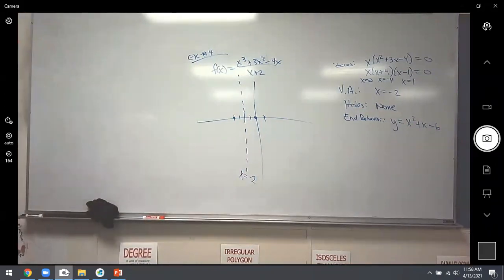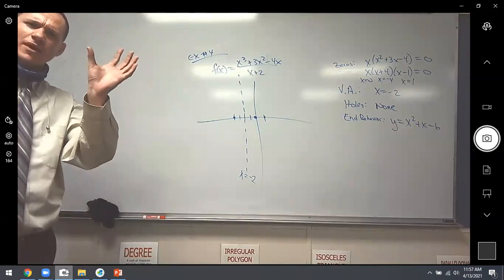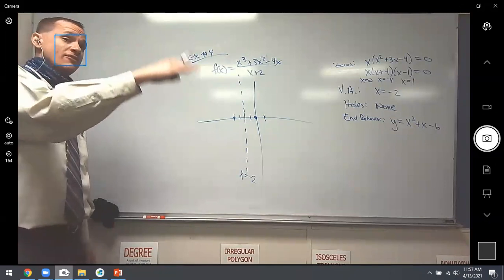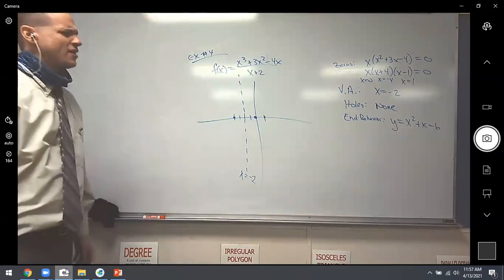There are no holes, even though we still don't know what that means yet. We don't have to worry about it because there aren't any. Now, what in the world does end behavior look like? What's a graph of x squared stuff look like? That's a parabola, right? So it's not going to level off to a flat line. It's not going to level off to a slanted line. It's going to level off to some weird quadratic thing.